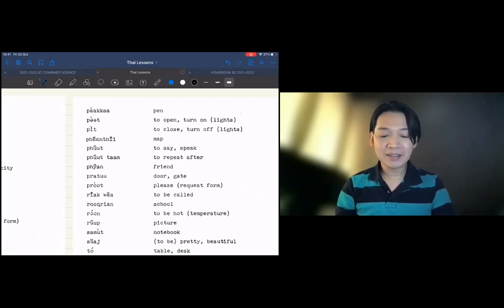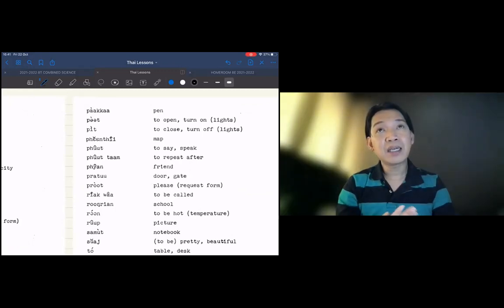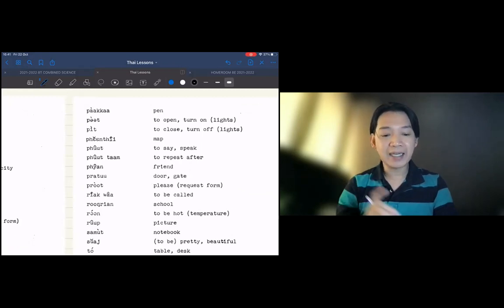Put is open. Pit is close. So you might wanna refer to this as opening or closing a door or a window. So put pratu or open the door, or pit pratu, close the door, or it could be turning on and off the lights. So put phi is turn on the lights, and pit phi is turn off the lights.